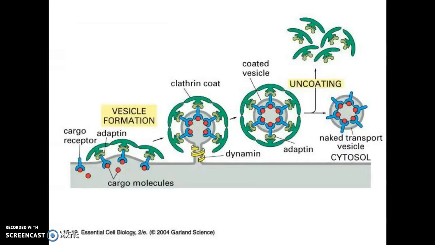Once that vesicle is floating around in the cytosol, the clathrin releases, and we call that process uncoating. Once the vesicle no longer has a clathrin coating on it, it can now fuse with other membranes using V-SNAREs and T-SNAREs.